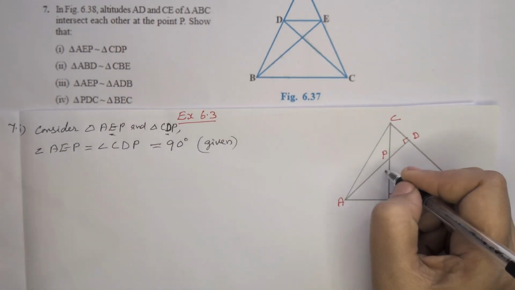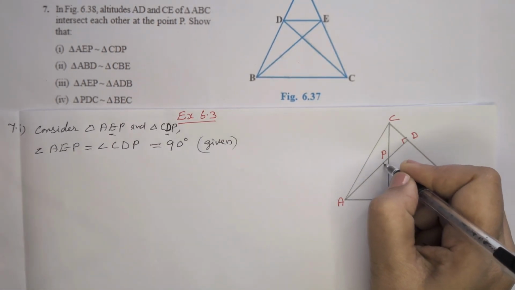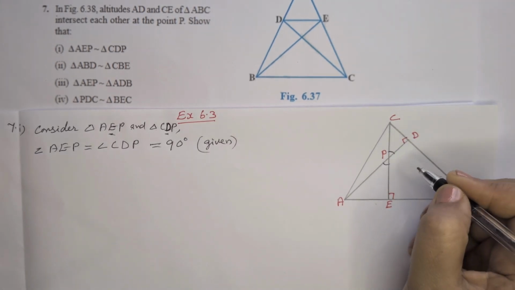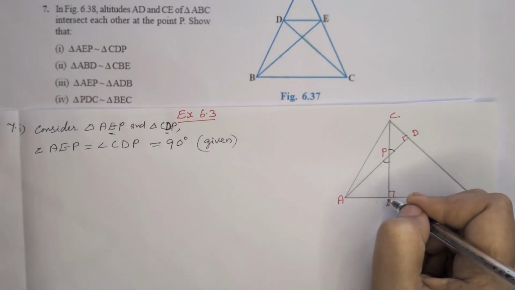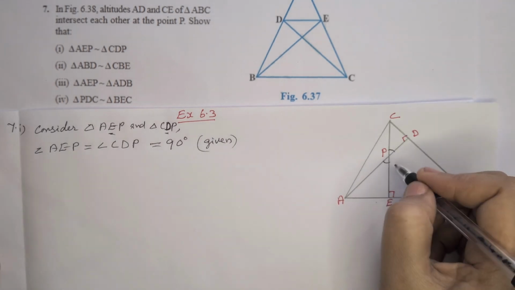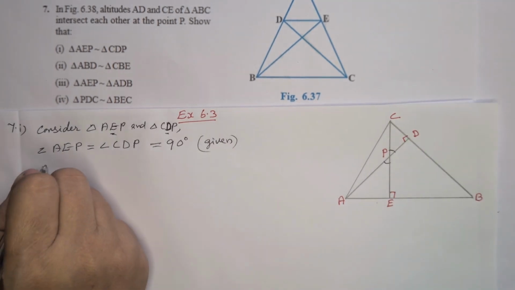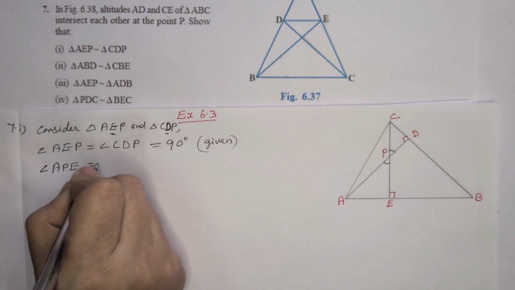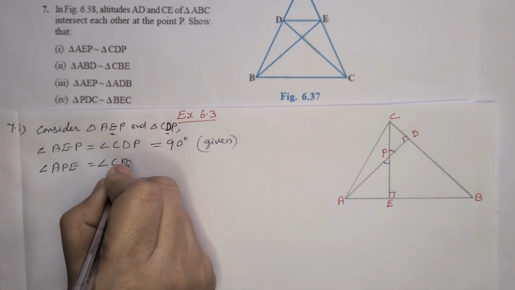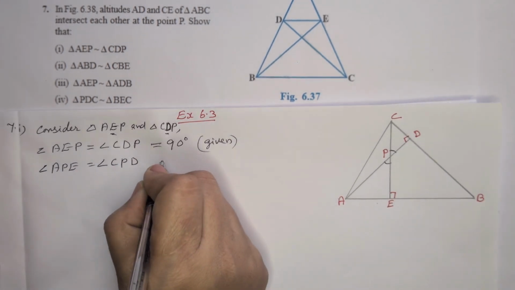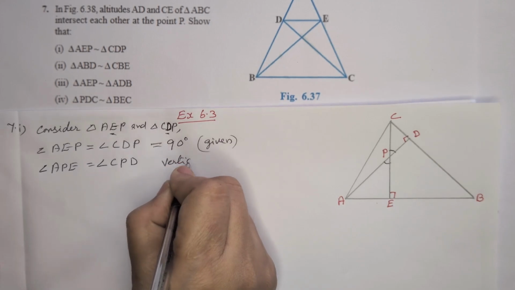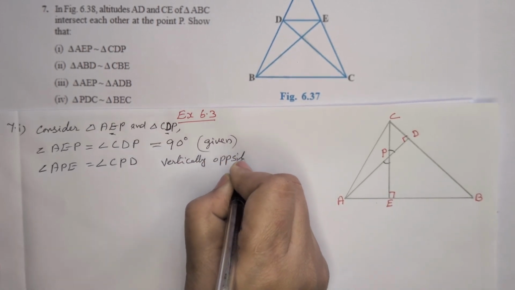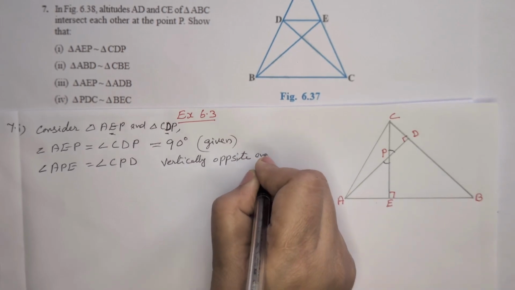Then, in these two triangles, these two angles are vertically opposite angles. So we can write angle APE is equal to angle CPD, vertically opposite angles. Vertically opposite angles are equal.